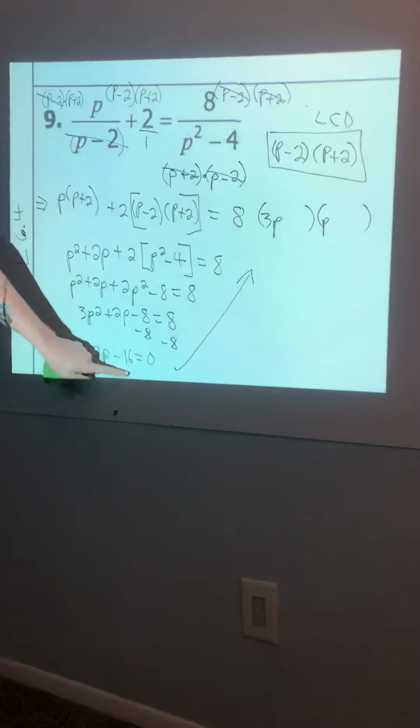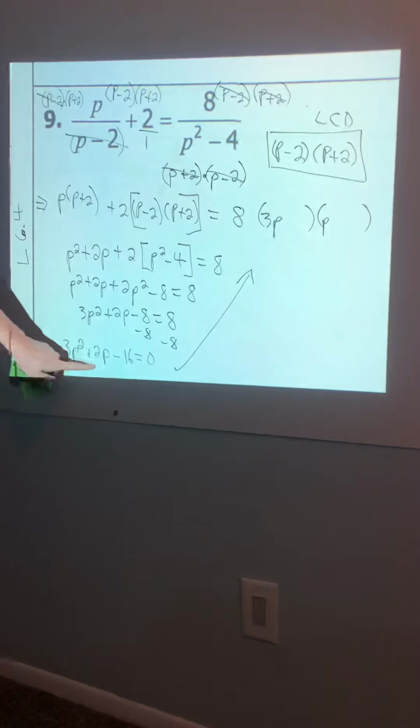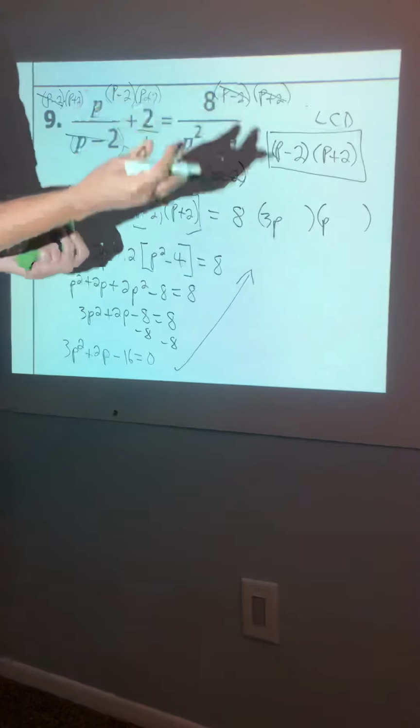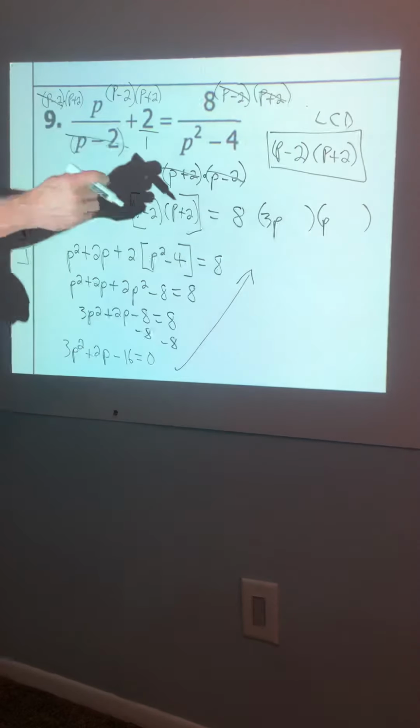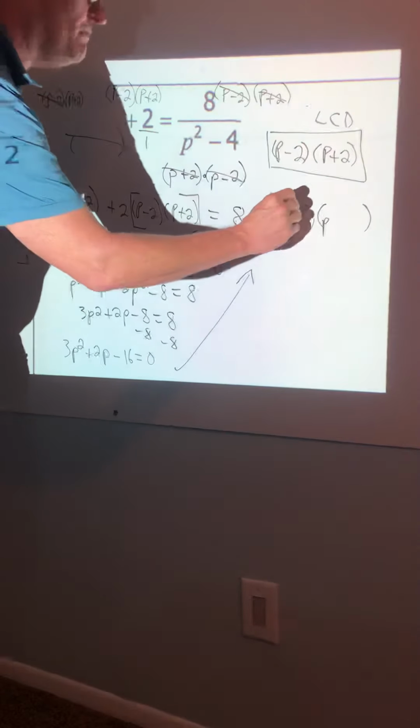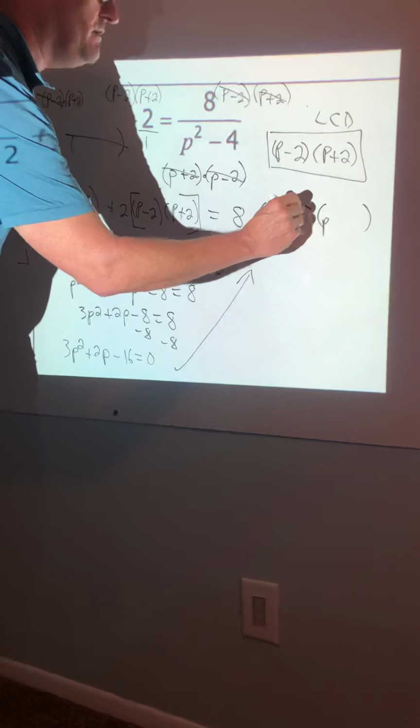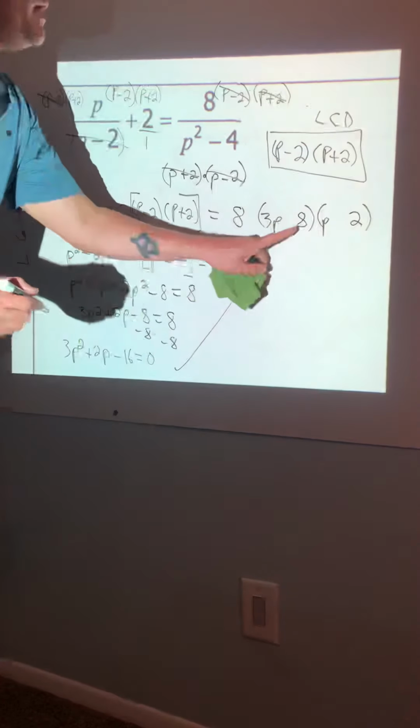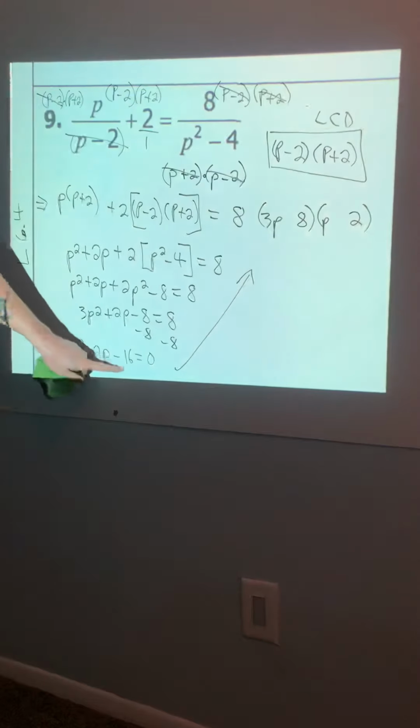I'm going to do factors of 16, and I want to get a 2 in the middle. 16 is 1 times 16, 2 times 8, or 4 times 4. Anybody have a guess? All right, so let's just try 2 and 8. What's it gonna hurt, right? All right, so I'll put 8 here and I'll put 2 here. See how 8 times 2 will give you that 16.